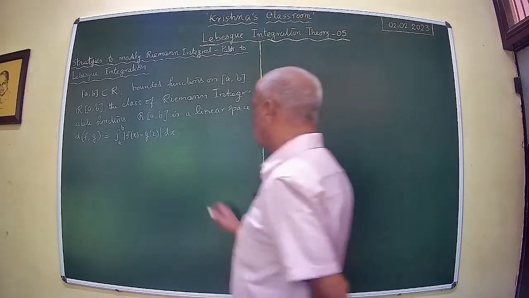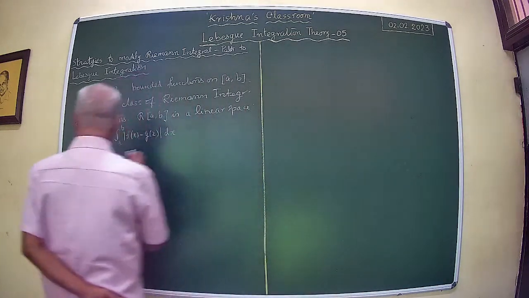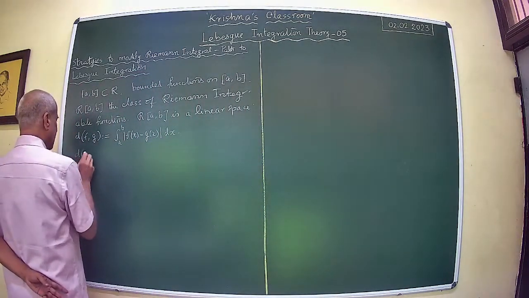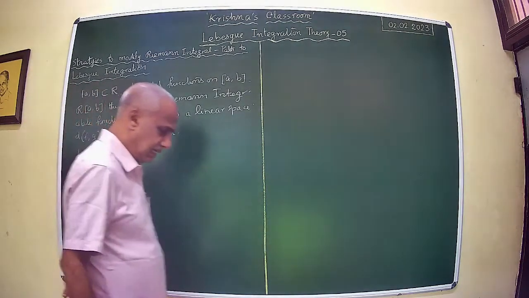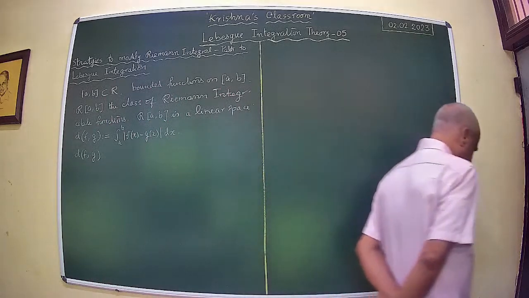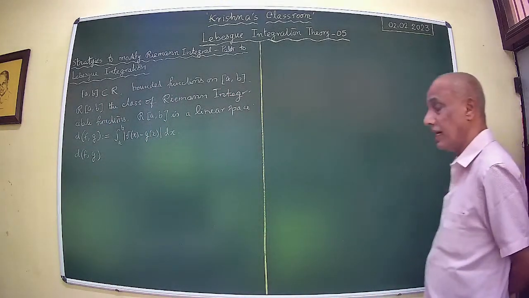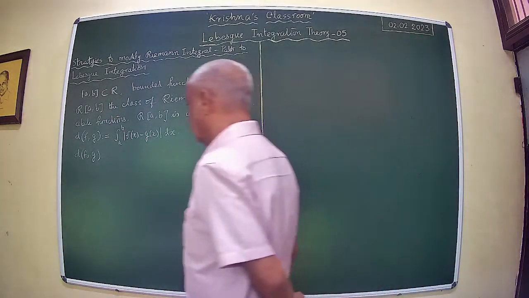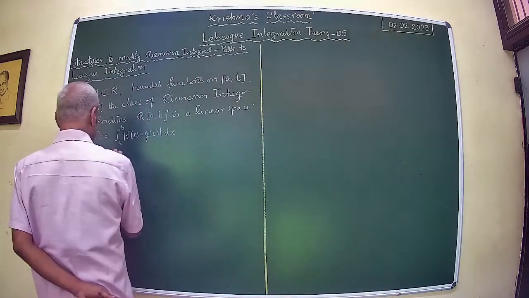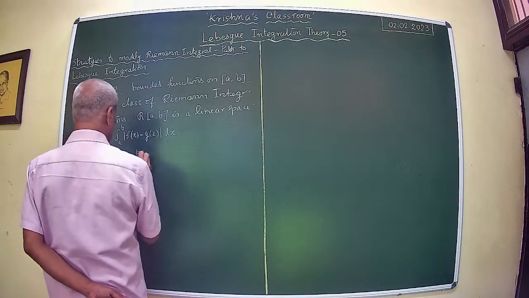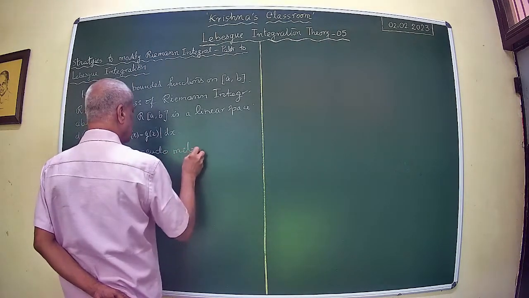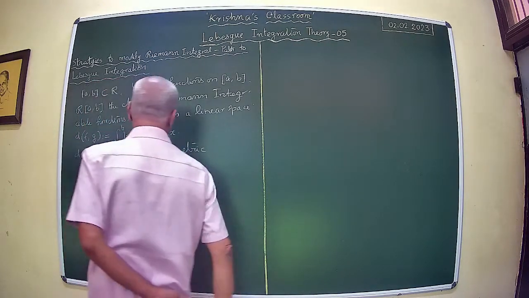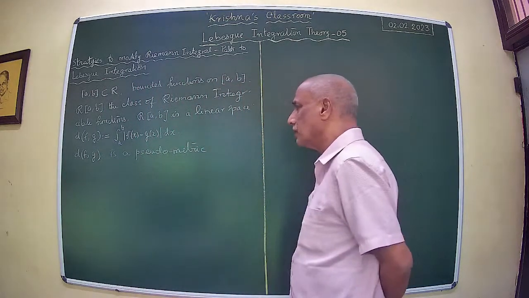And then one can show that d(f, g) essentially fails to meet the requirement that it is a metric, because d(f, g) is a pseudo metric. Why is it a pseudo metric?